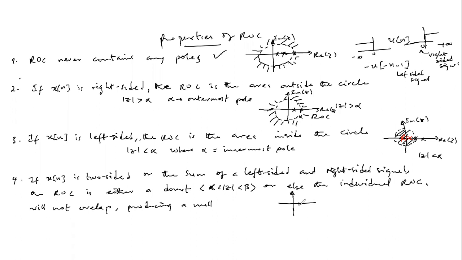Okay, so it means something like this. So let's say this is alpha and this is beta. So the region of convergence will be something like this. So it forms a donut. This is the region of convergence. This is when alpha is less than mod z, less than beta.